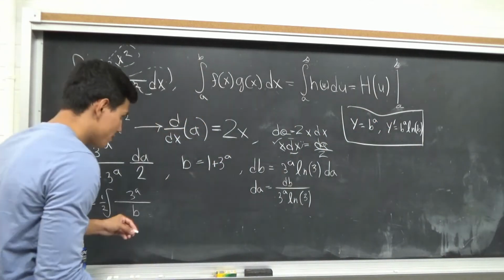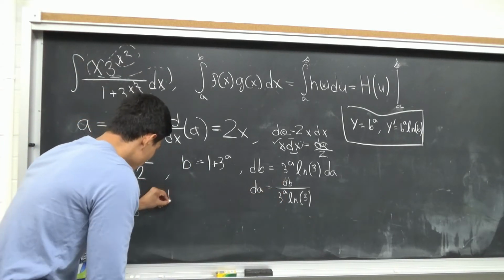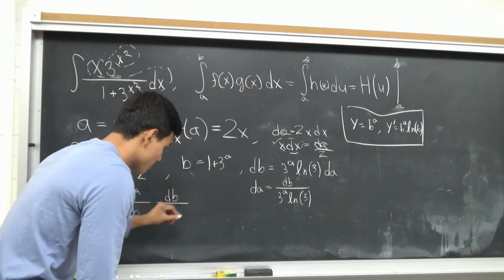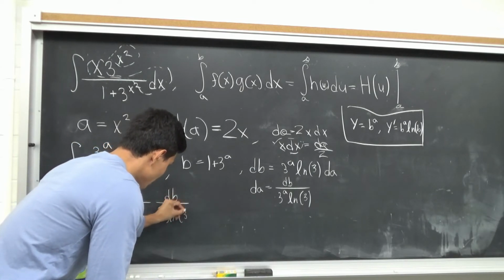So then replacing the dA, which we had earlier, with this new differential, you get dB over 3a ln 3.